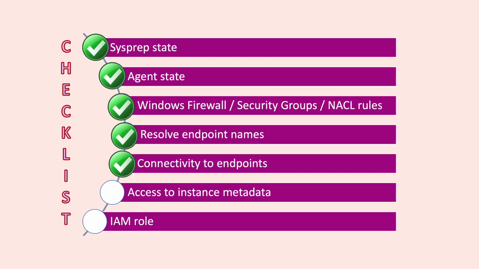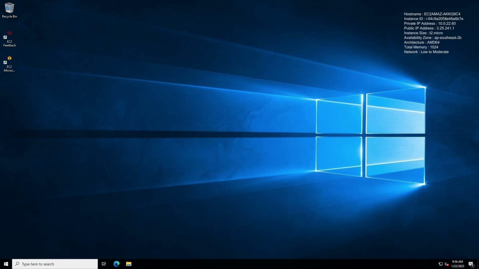Now that the connectivity to the endpoints is established, SSM agent needs access to the instance metadata to obtain temporary credentials if any IAM role is attached to the instance. Let's now verify the access to the instance metadata on the instance. On the Windows instance, the instance metadata is reachable on HTTP 169.254.169.254.